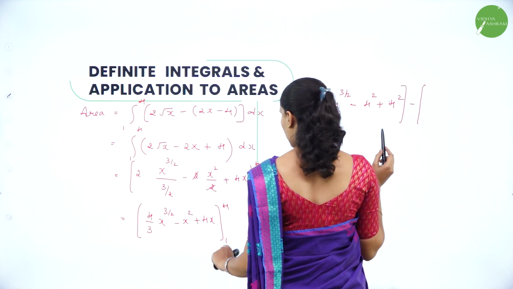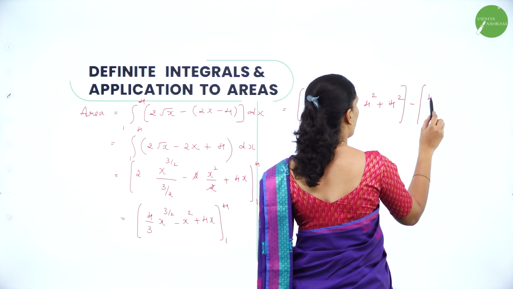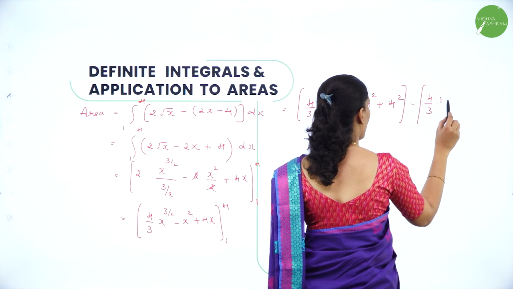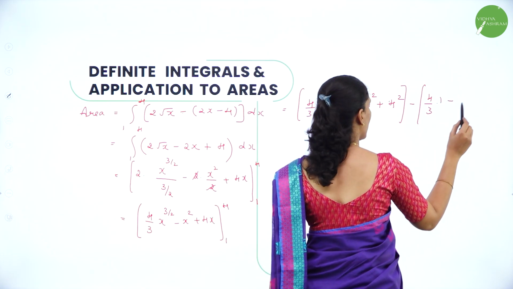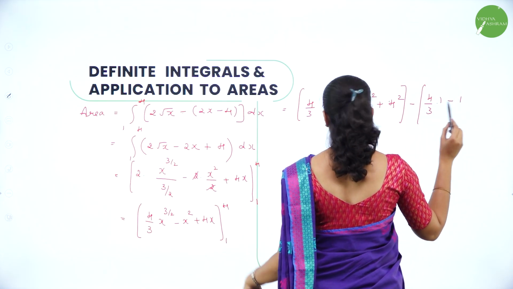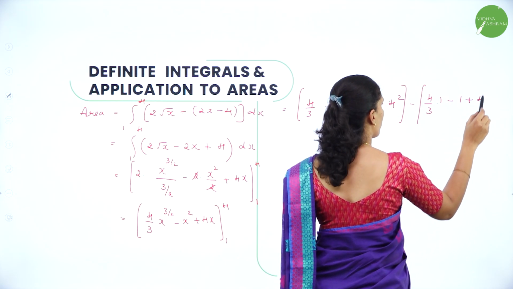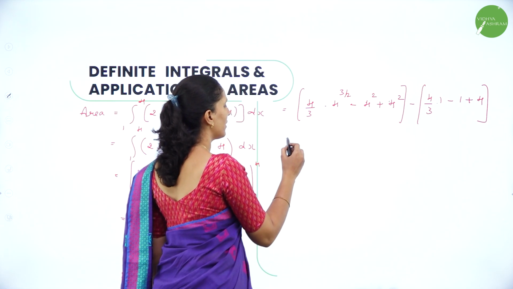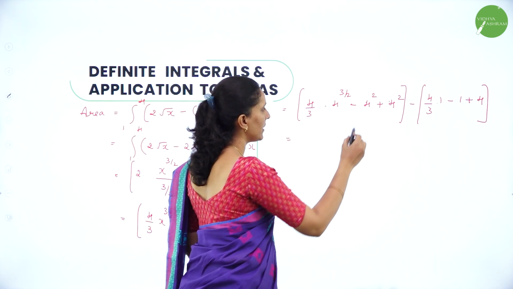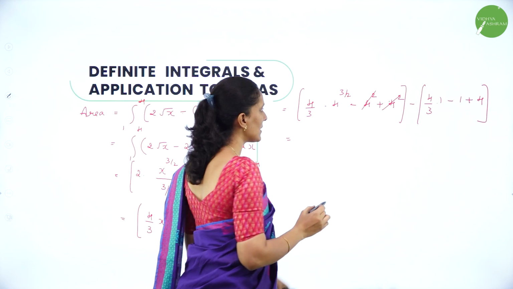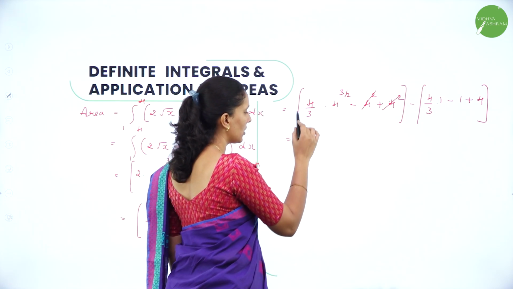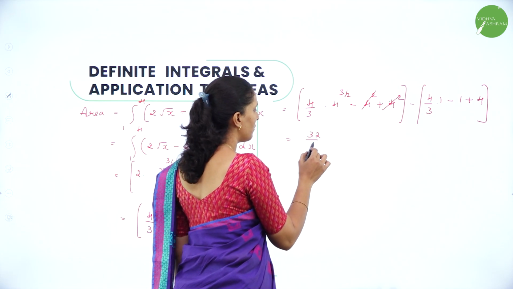Minus, let us apply the lower limit. We have 4 by 3, 1 to the power 3 by 2 can be considered as 1, minus again we have 1 square, 1, plus 4 ones are 4. So, now here after applying the limits and evaluating the value, you can clearly see here 4 square gets cancelled. 4 cube is 64 and square root of 64 is 8. 32 by 3 we will get in the first limit.